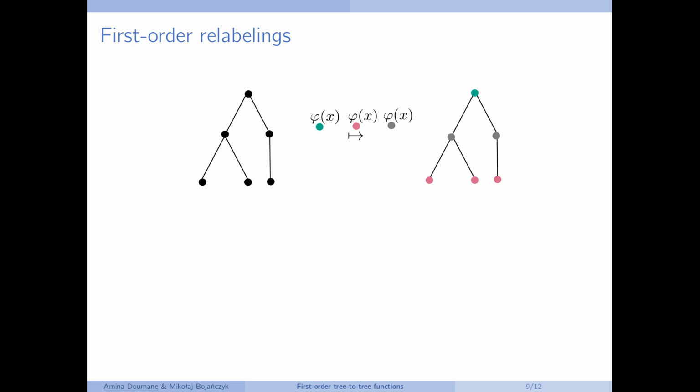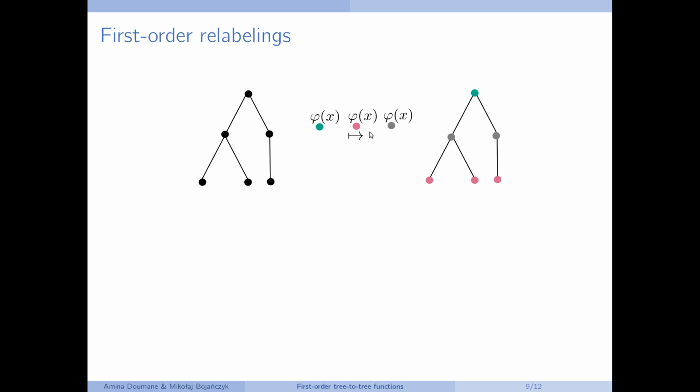So first-order relabelings are a very particular case of tree-to-tree functions where the shape of the tree doesn't change, but the labels may change following some first-order unary queries. So in this example, we have this first-order query which selects the nodes that will become green. For instance, we can imagine that this formula selects the root of the tree.